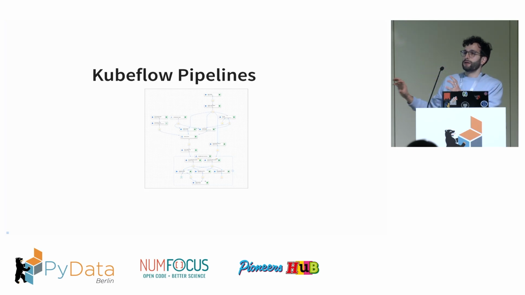Or you can write your own Dockerfile and build an image, push it to some registry, and then just tell the component, hey, use this container image and run this command, and that's it.